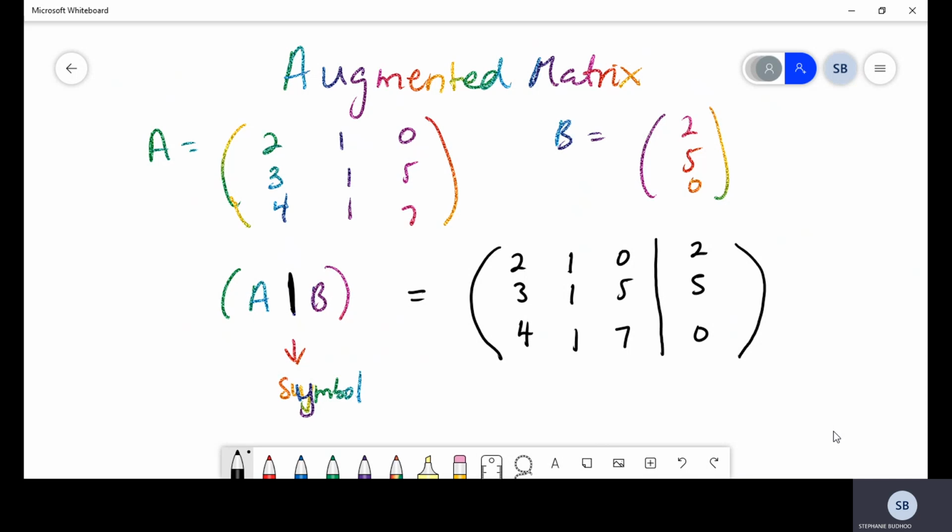So very easy, very simple. It's not difficult at all. And that's about as much as you need to know about matrix augmentation. Now, how is this relevant to finding the inverse of a matrix? Well, let me show you by example, shall I?